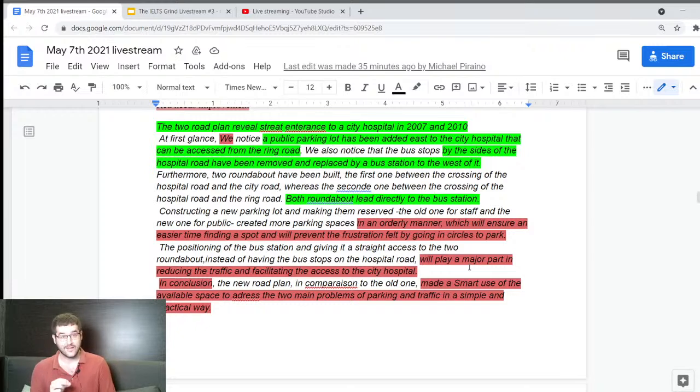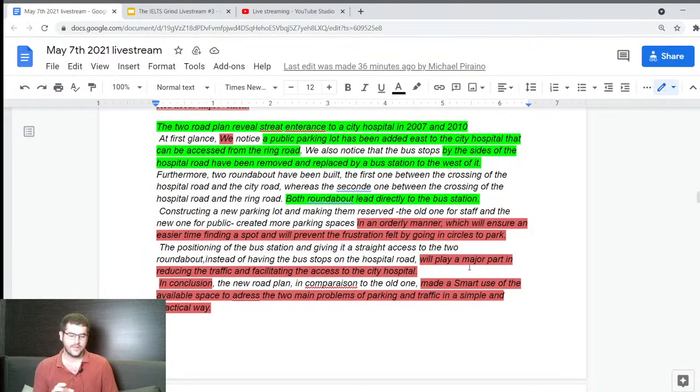I highlighted this as being good because it's describing the map quite well and it's showing a connection between different elements. He's talking about how there was a parking lot that was added to the east of the hospital, so that's location, and how it can be accessed from the ring road. This is really, really nice. Now there's some grammar and vocab problems here, but for task achievement, this is quite good.